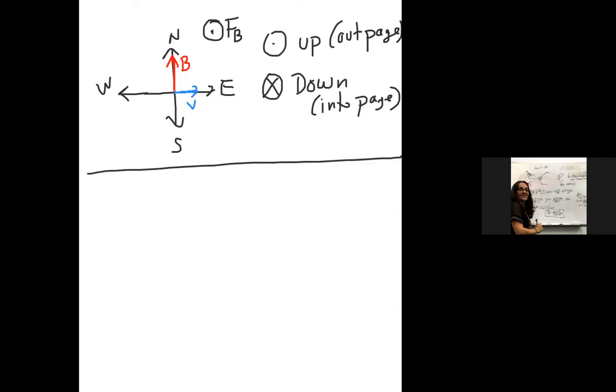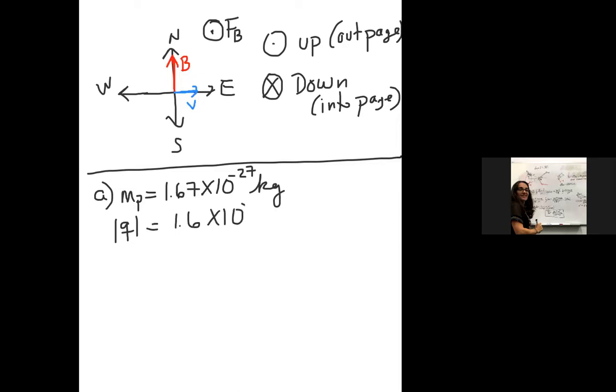So for part A, we are given that it's a proton. So the mass of a proton, 1.67 times 10 to the negative 27 kilograms. We know the charge of a proton is 1.6 times 10 to the negative 19 coulombs. We were given a velocity of 1 times 10 to the 5th meters per second, and we also know that it is east.